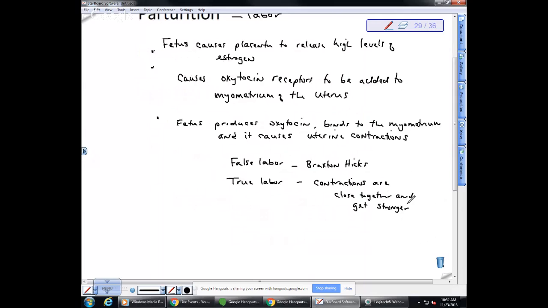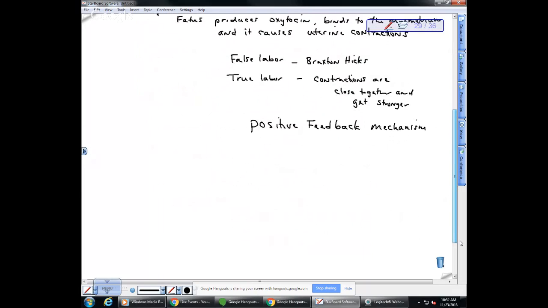This process of true labor is one of the few examples of a positive feedback mechanism. In this particular instance, the contractions would be the stimulus.